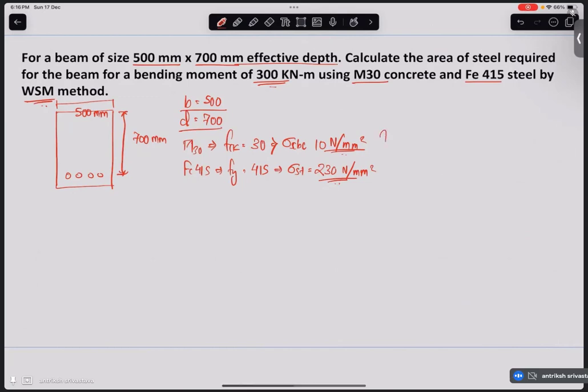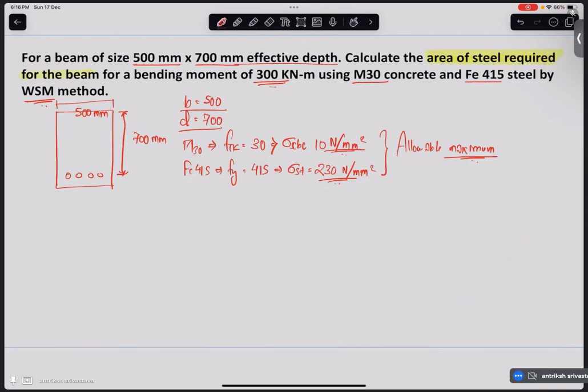Alright, so these are the allowable maximum stresses that can develop in the concrete and in the steel respectively, according to WSM. Okay, so we have to calculate the area of steel required.